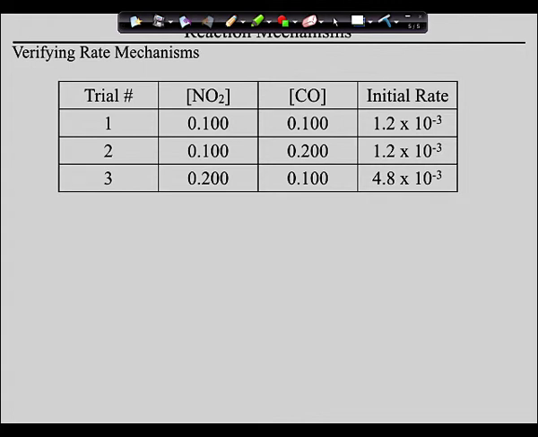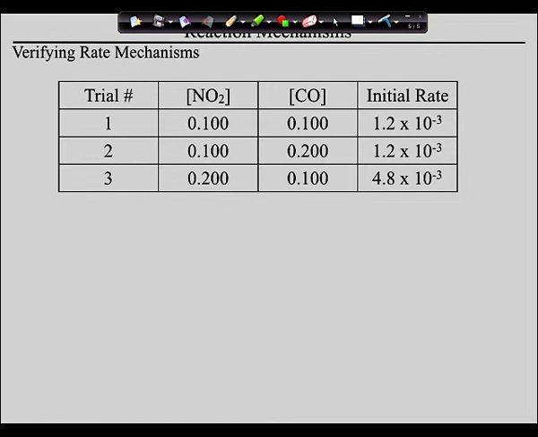Then I would go on to say, referencing trials 1 and 3, where CO is held constant and the concentration of NO2 is doubled, the rate of the reaction goes up by a factor of 4, indicating that this reaction is second order in NO2.